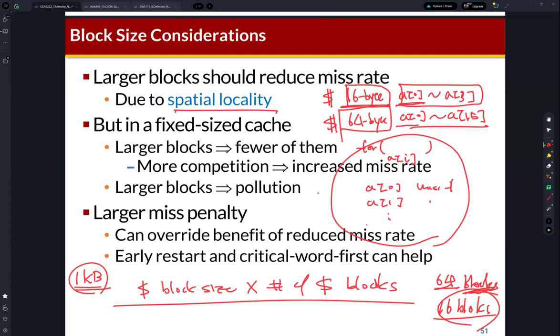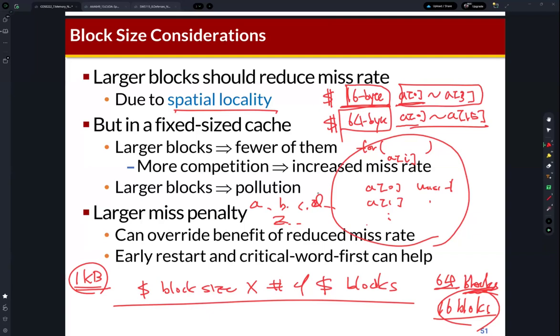But if our application accesses many different data arrays, like the A array, B array, C array, D array, and then Z array, then if the cache includes fewer blocks, cache performance can be degraded because the cache includes fewer blocks.